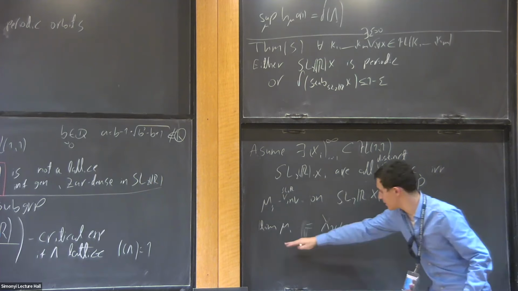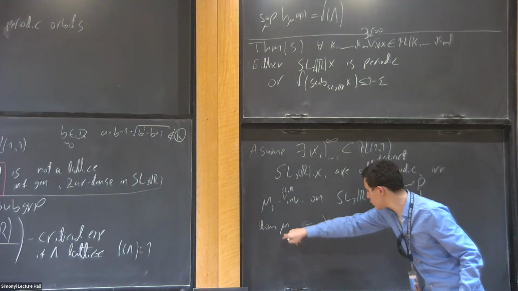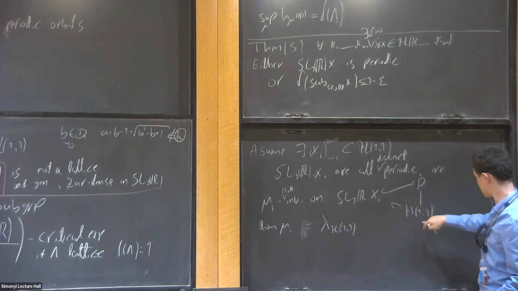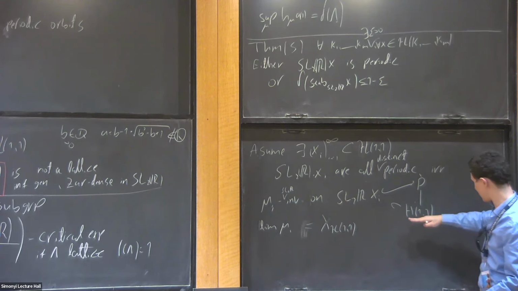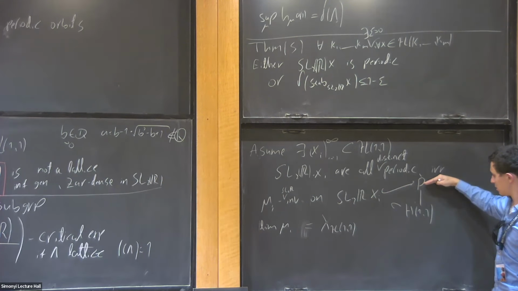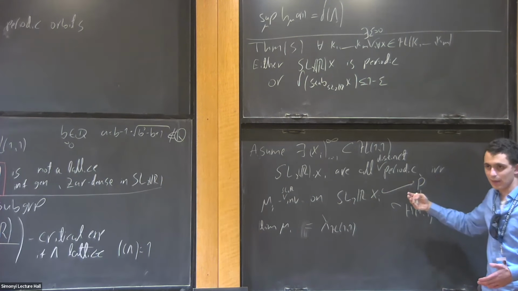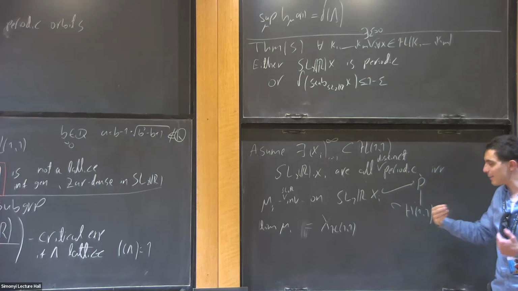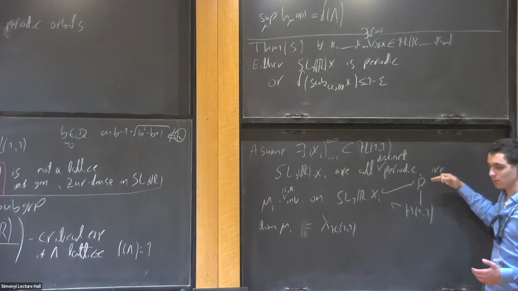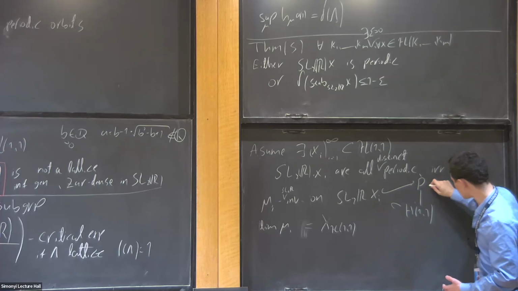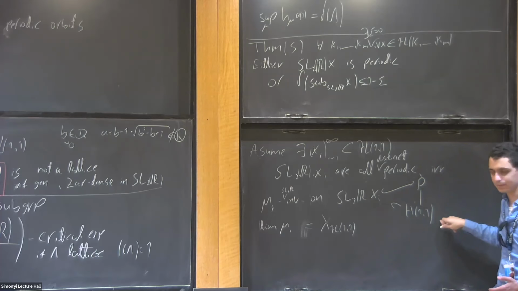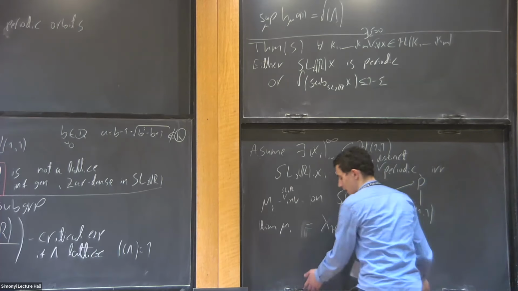So if we take the limit of mu_i, but now we don't think of this orbit inside H11, we embed these measures in the projective bundle, we still get a limit of measures. And the limit will be SL2R invariant, and we get an SL2R invariant measure on P that projects to Lebesgue on H11.